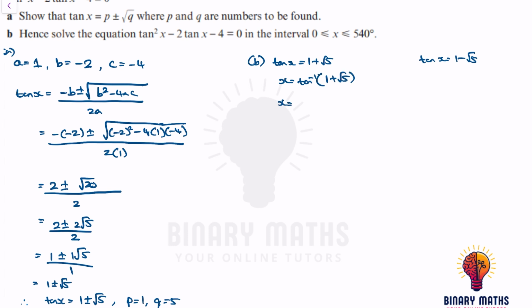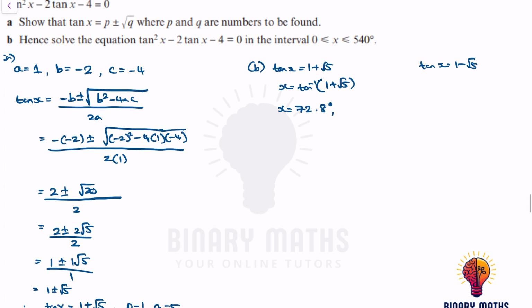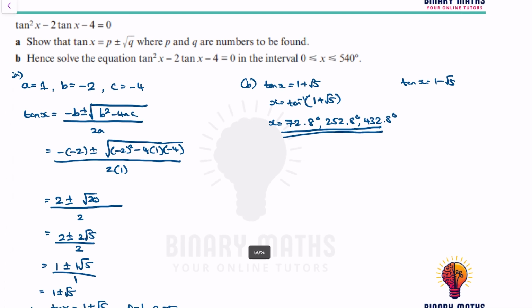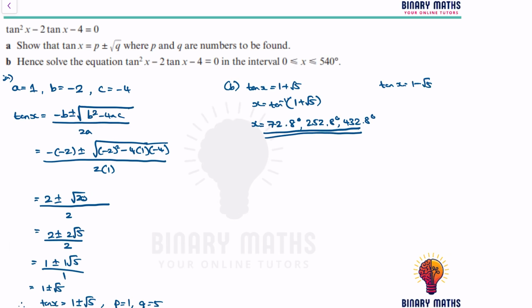So in your calculator, the first value you get is 72.8 degrees. Now you keep adding 180 until you get the next one, until you go outside the range. So 72.8 plus 180 is 252.8 degrees. And the next one would be, if you add 180, you get 432.8 degrees. And that is it, because the next one would be over 540.